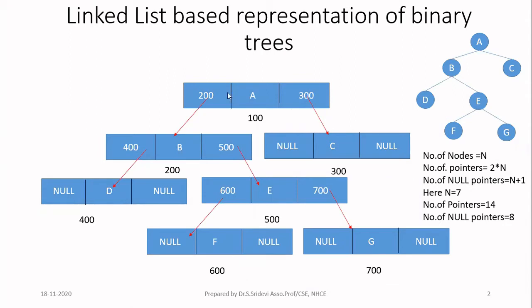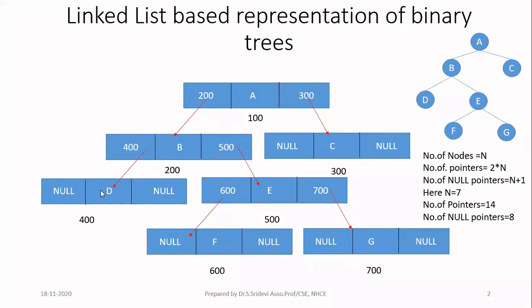Now in this we have a disadvantage. What is the disadvantage? You can look at this tree. This has a total of 7 nodes, and out of the 7 nodes, 4 nodes are leaf nodes. So the leaf nodes of the tree are D, F, G and C. And how are the leaf nodes stored in the linked list implementation?